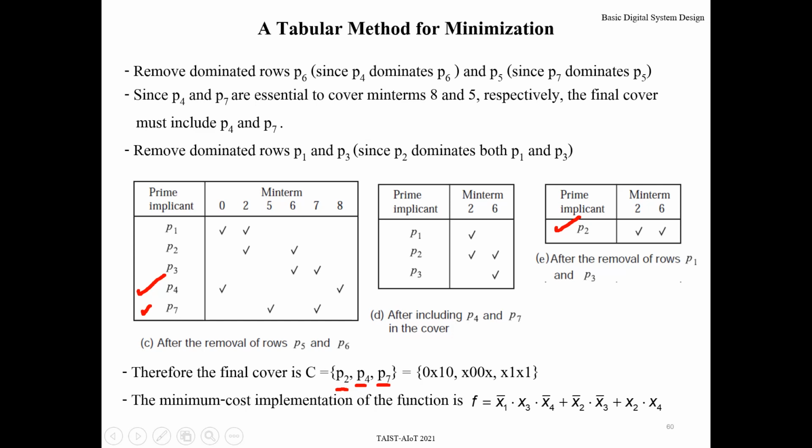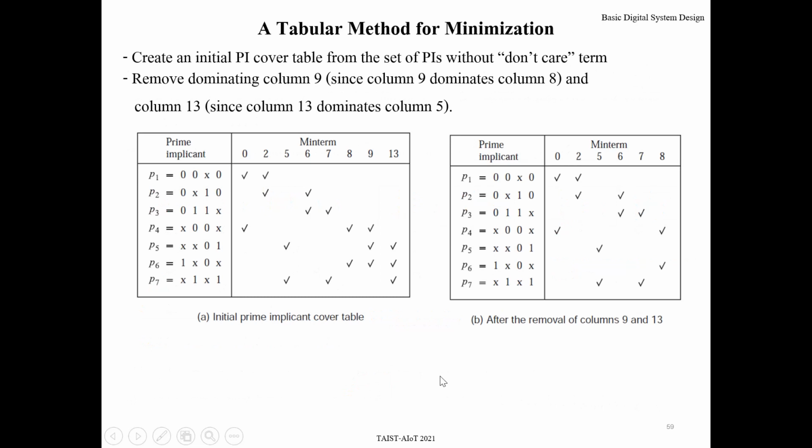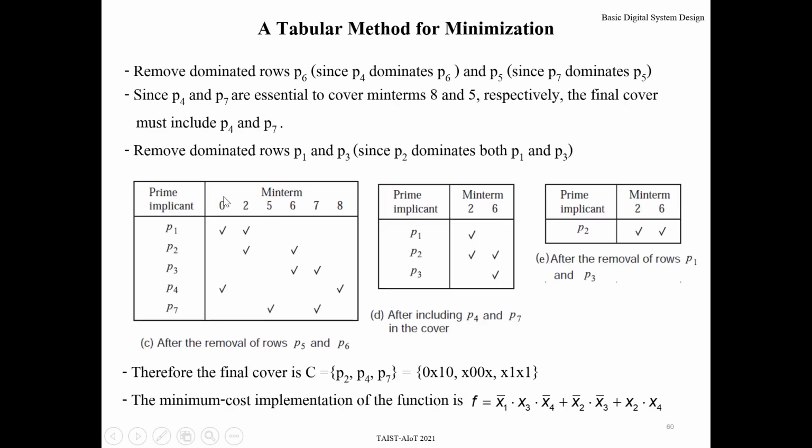Okay, P2 is what? P2, 0, 1, 0x10. So you can write it as 0x10, and P4 x0, x, P7 x1 x1.